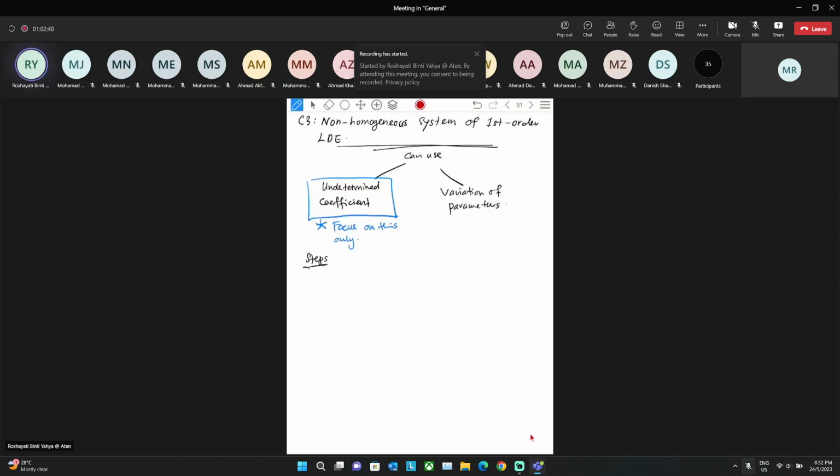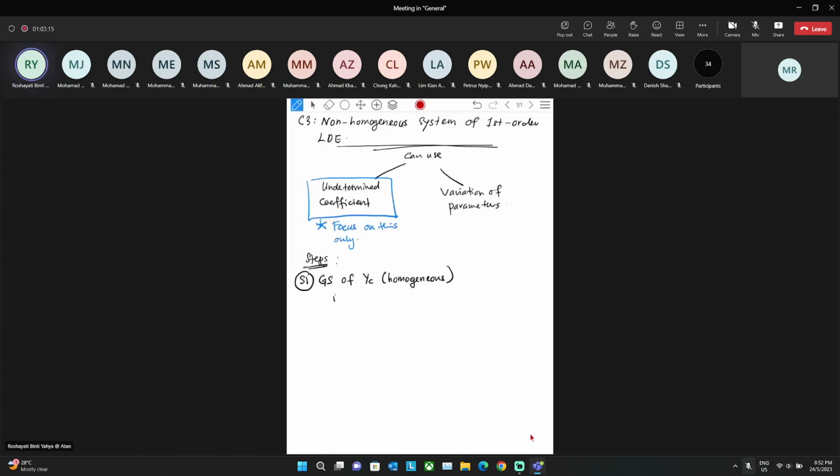For step number 1, you need to find the general solution, GS stands for general solution, of YC, the homogeneous. So there are a few steps.